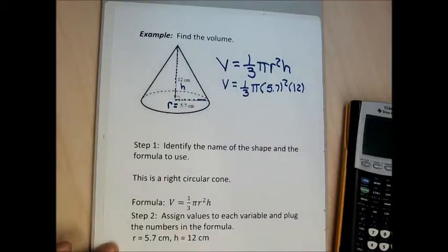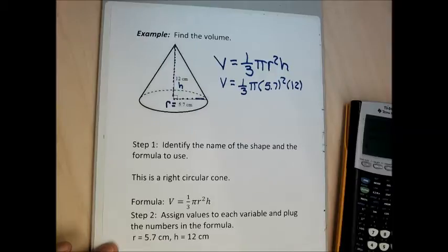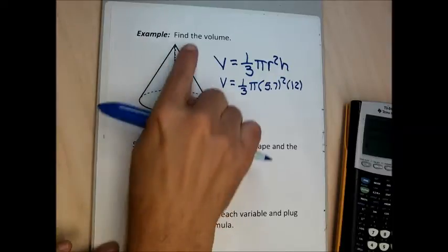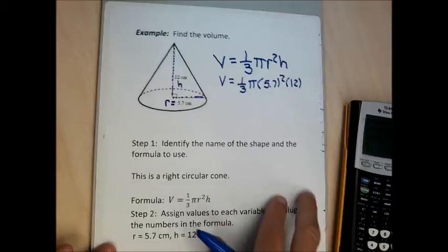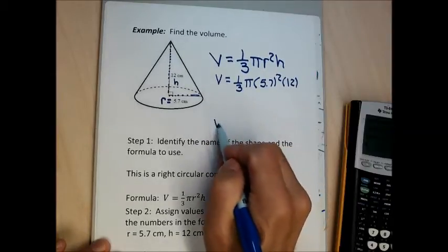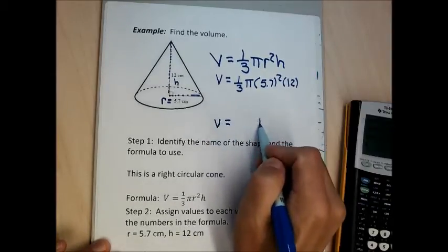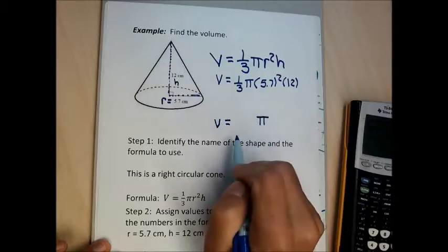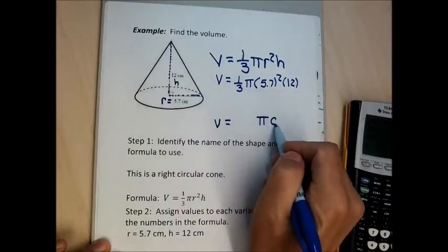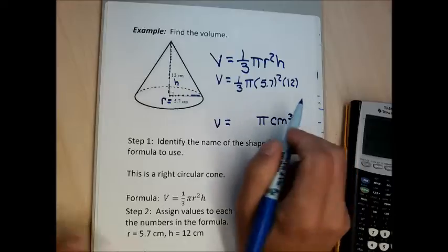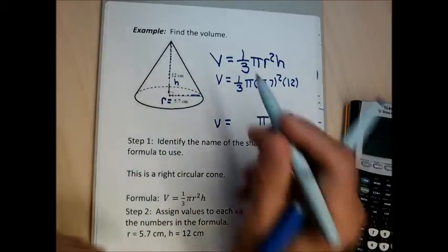I would absolutely do this on my calculator, and the instructions say find the volume. It didn't say anything about plugging 3.14 in for pi, so when I go to write my answer, I'm just going to leave that pi as part of my answer. I'm going to write my units, which are cubic centimeters, and on my calculator, I need to do this part.